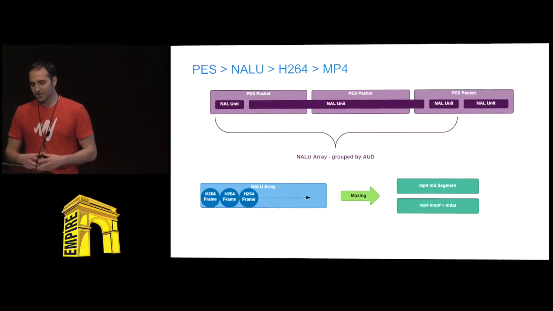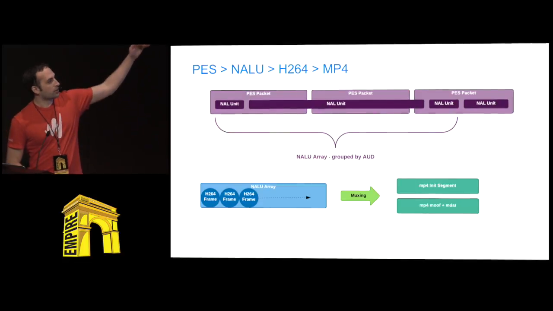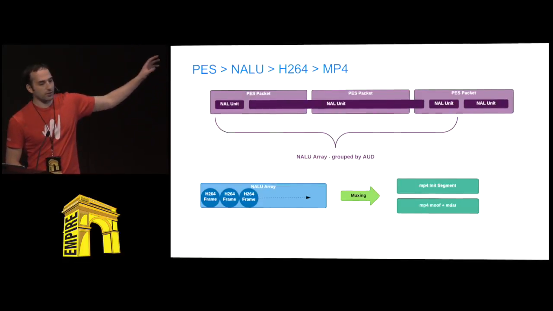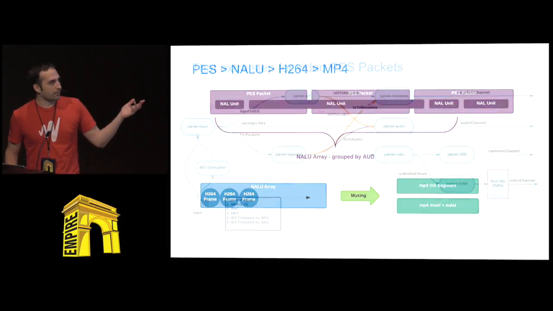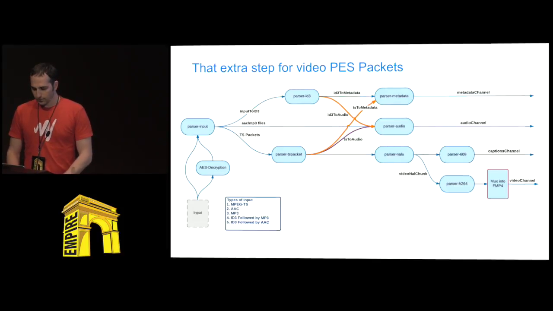And then NAL, which stands for Network Abstraction Layer, if I didn't say that already, creates groups of H.264 frames, which can then be muxed into video. And this is represented in this diagram by this little section.